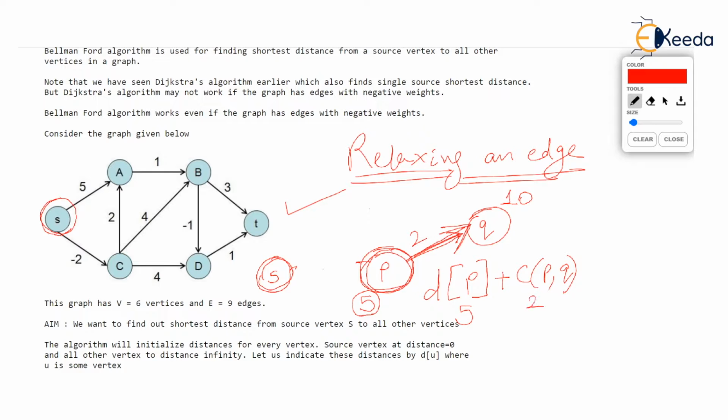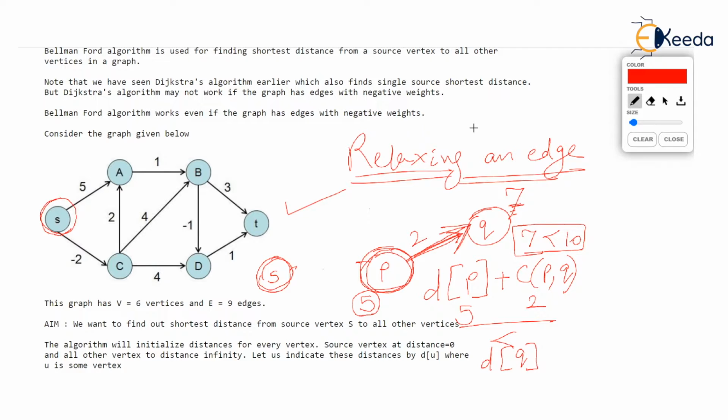If this addition, 5 plus 2, is less than the distance of Q, which, as you see, I am marking here as 10. So we see that 5 plus 2, which is 7, is less than 10. Then we will update the distance of vertex Q, and we will say vertex Q is not at distance 10, but it is at distance 7.